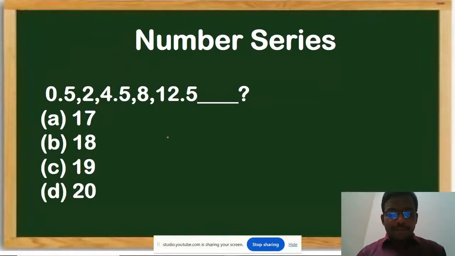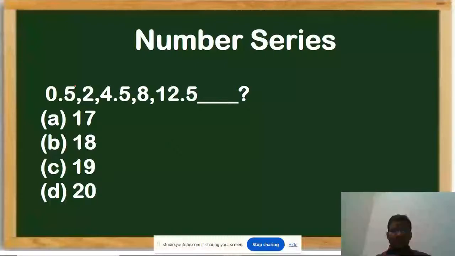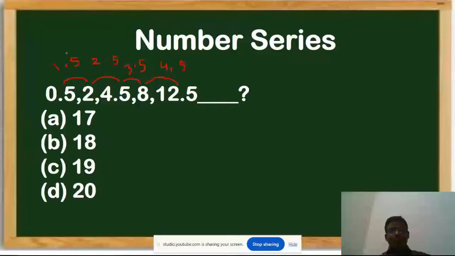So 0.5 to 2, 1.5 is the gap. 2 to 4.5, 2.5 is the gap. 4.5 to 8, 3.5 is the gap. 8 to 12.5, 4.5. The gaps are 1.5, 2.5, 3.5, 4.5.